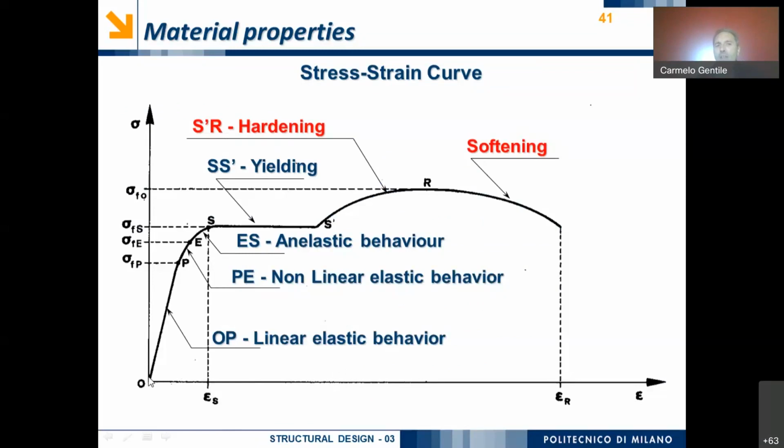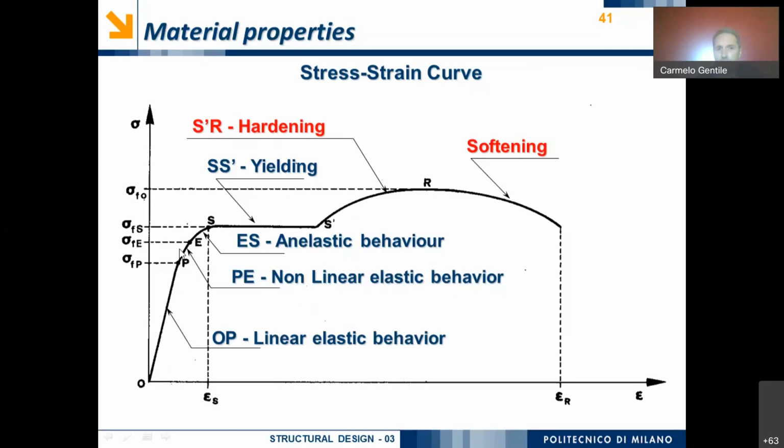And we have already commented that there is a first part which is completely linear. It is a linear elastic behavior. It means that when I reach point P by increasing the load, if I decrease the load, I will follow exactly the loading path in the unloading. Afterwards, we have a non-linear elastic behavior.